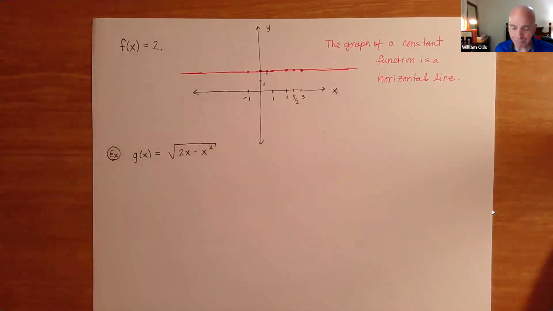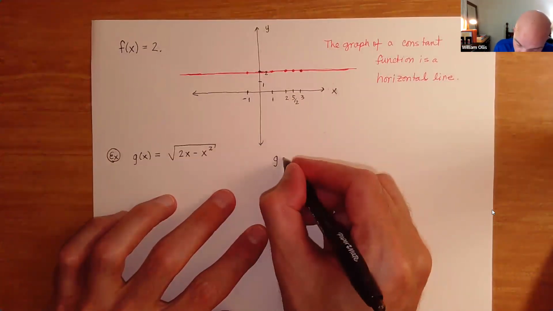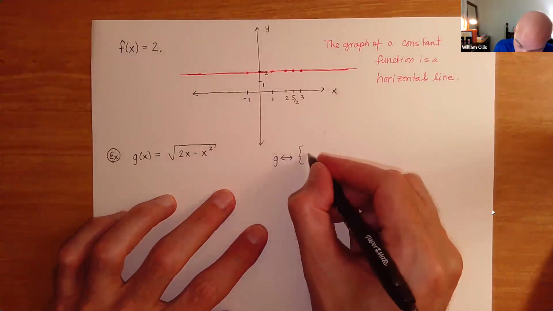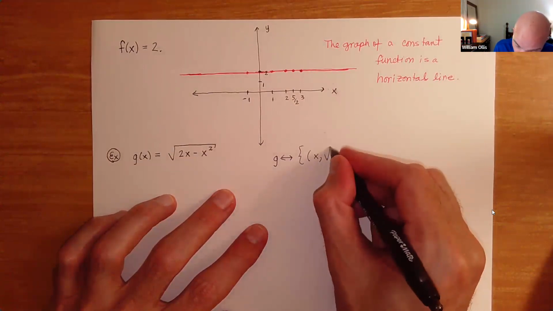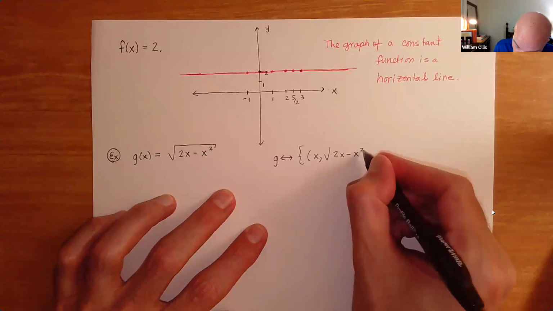In this problem, I've simply given you a function defined by a formula. So you could say g corresponds to the set of ordered pairs x, comma, square root of 2x minus x squared.